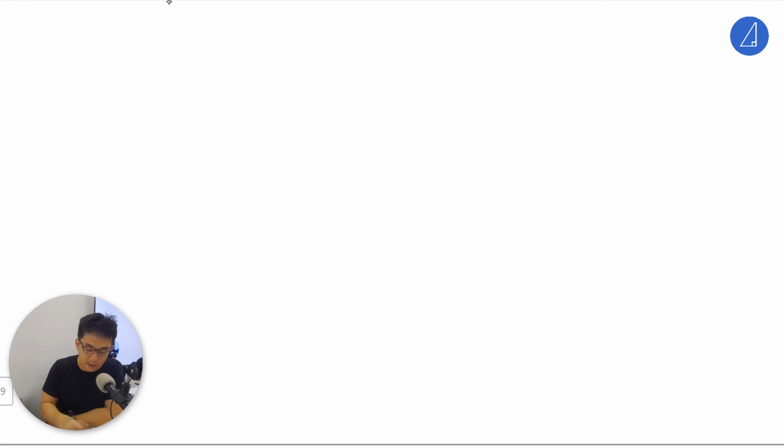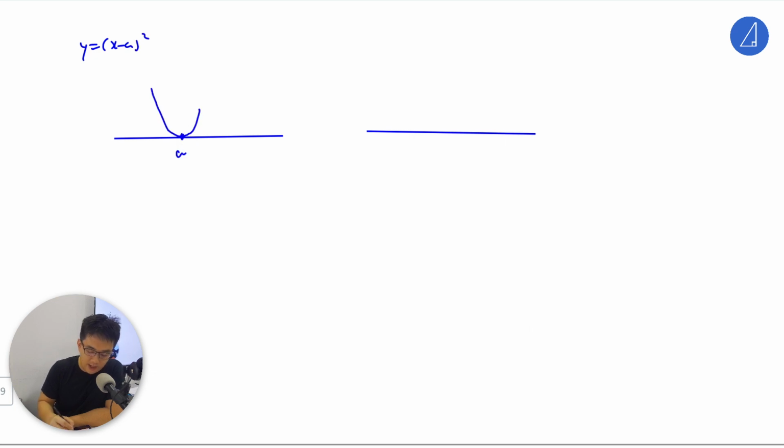Essentially, in secondary school we encounter a few graphs. One graph is y equals x minus a, squared, which looks something like that. This is a. Then if y equals x minus a times x minus b, where b is bigger, I'll just draw this one. This is a and b.